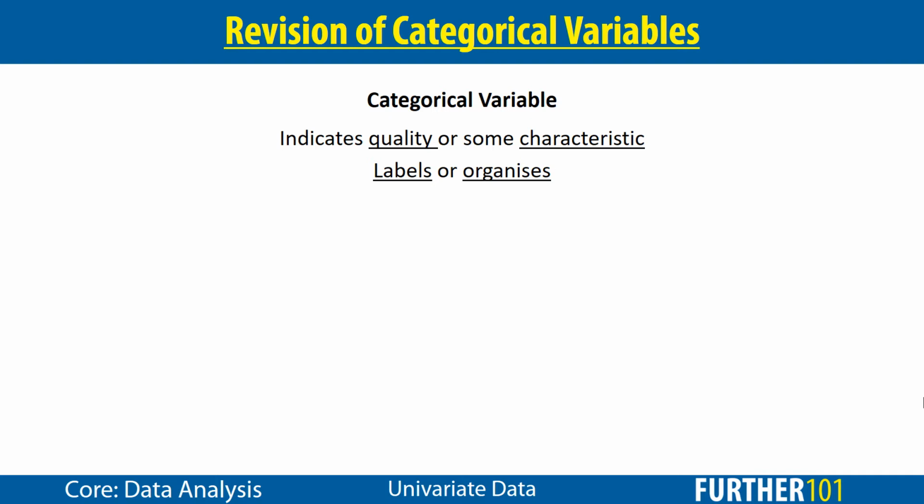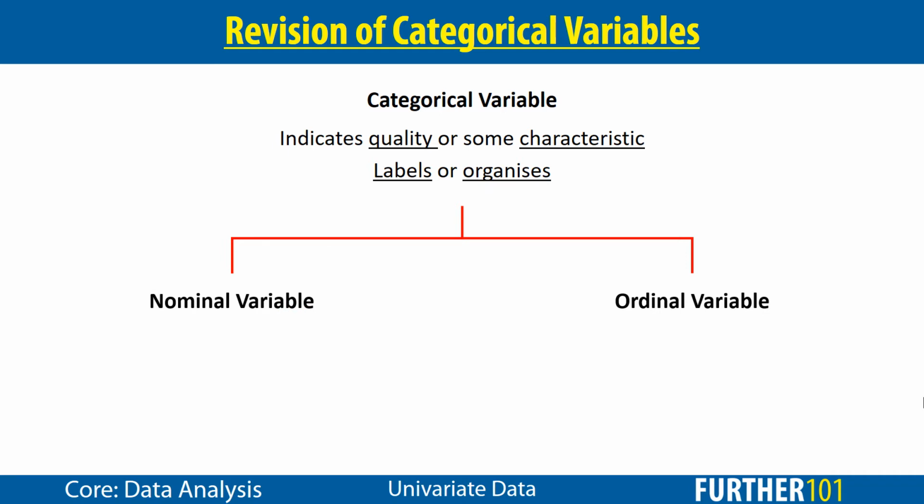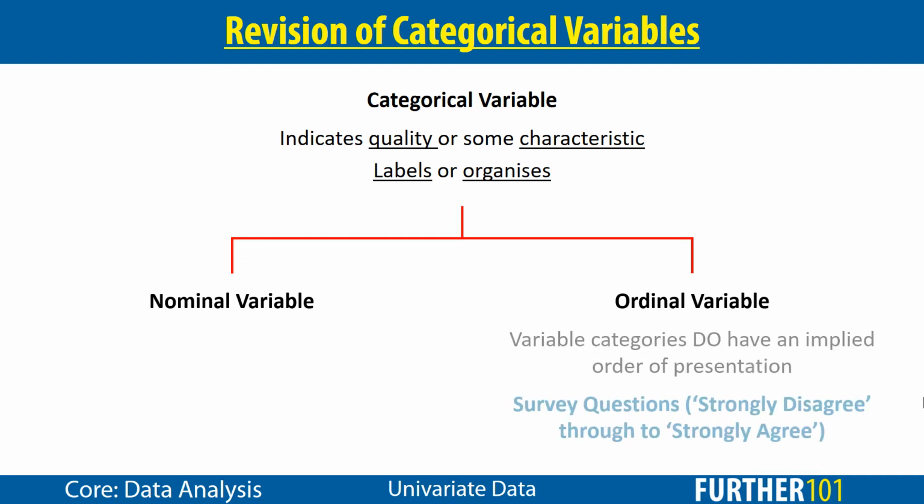There are two subtypes of categorical variables. If the different categories inside a categorical variable have some implied or logical order of presentation, it is defined as an ordinal variable. Now, a typical ordinal variable is the response to a survey question which has one of 5 possible answers: strongly disagree, disagree, neither agree nor disagree, agree, or strongly agree.